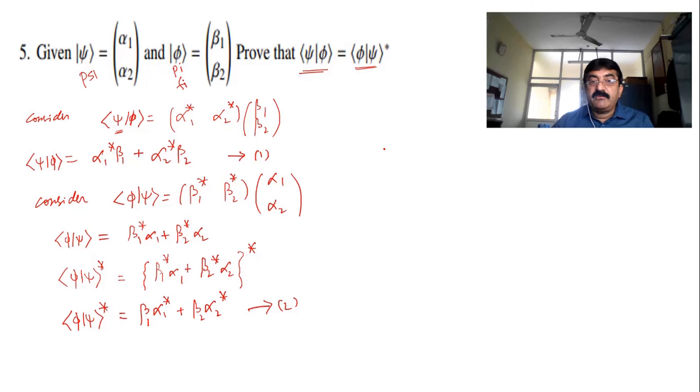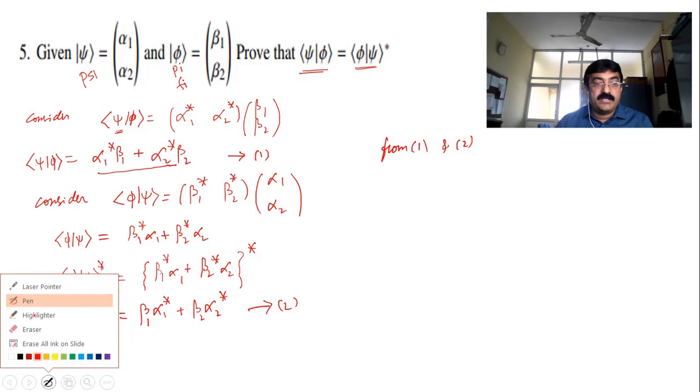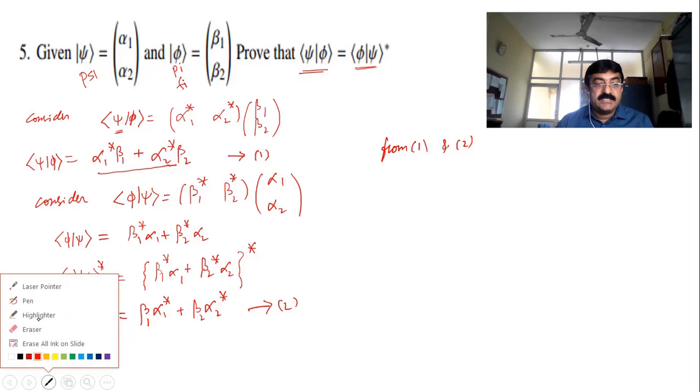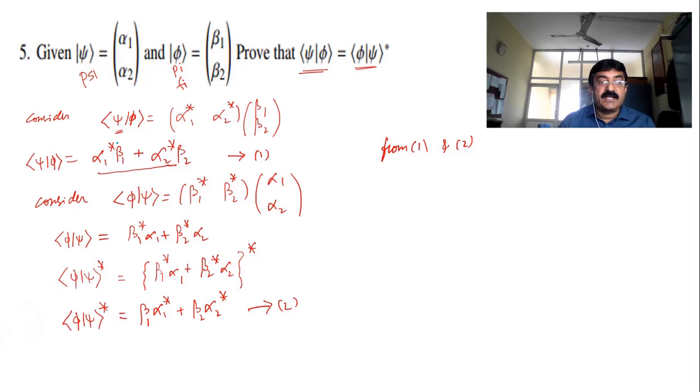Now check equations 1 and 2. Look at the RHS of equation 1. Just one minute, I change the color. See, this is the RHS of equation 1 and this is the RHS of equation 2. I request you to observe them carefully.